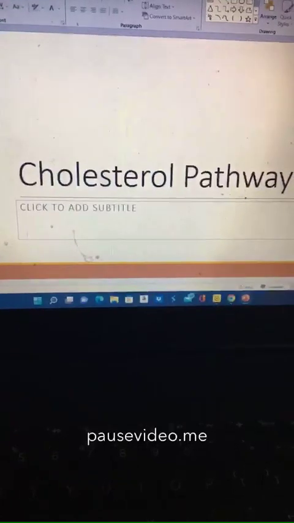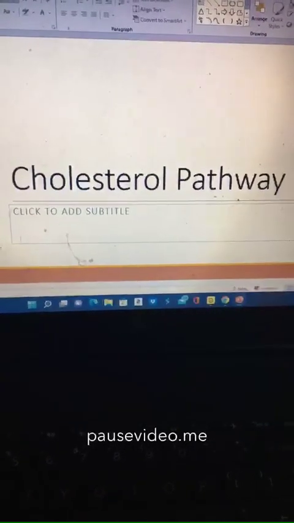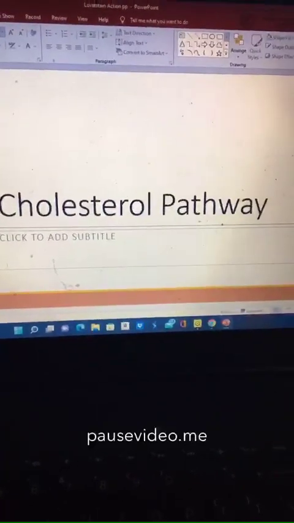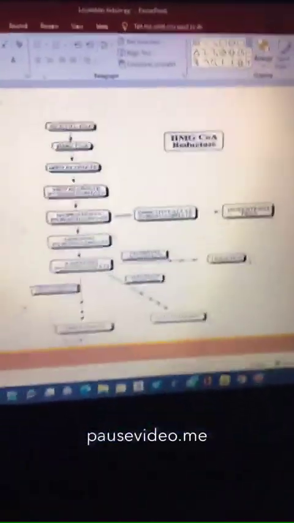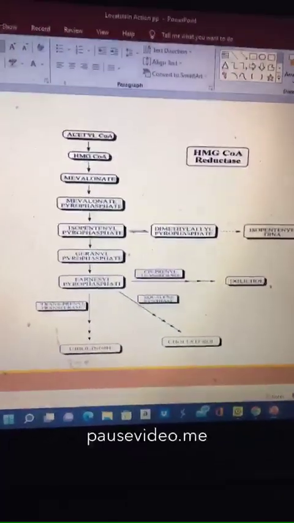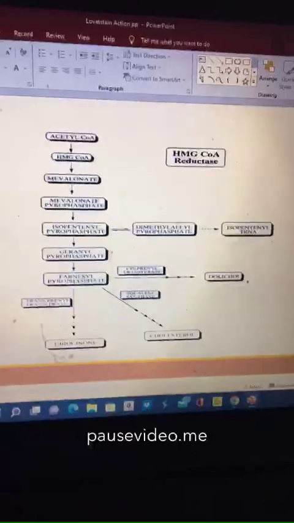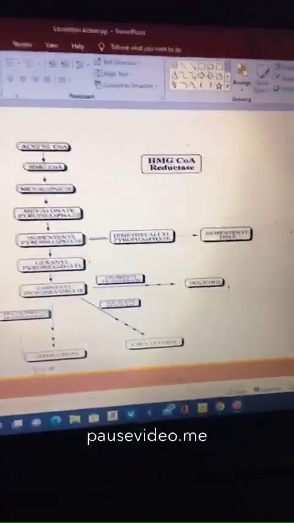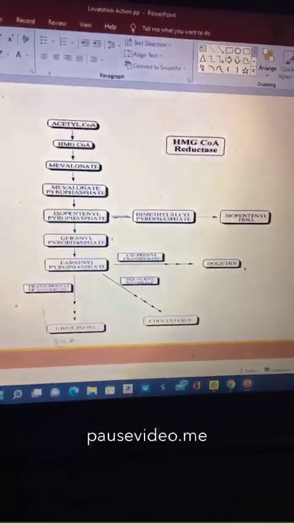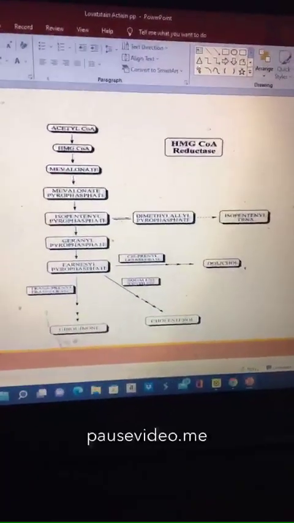So let's get to the cholesterol pathway, and then we'll show you how this occurs. This is a short overview, and then in a minute we're going to get into more of the intermediate steps and enzymes of cholesterol production.